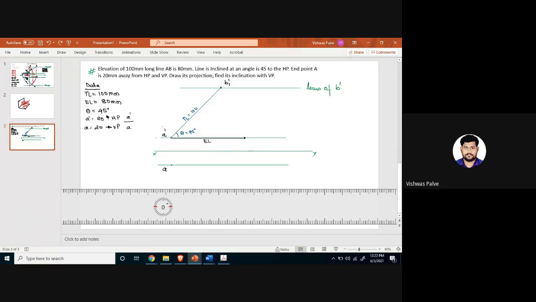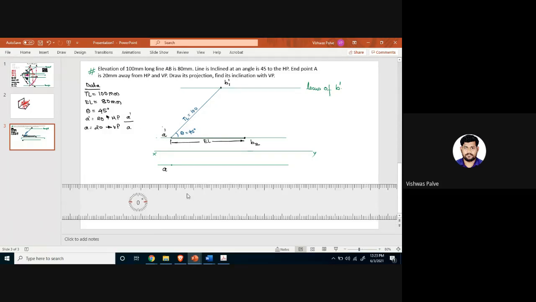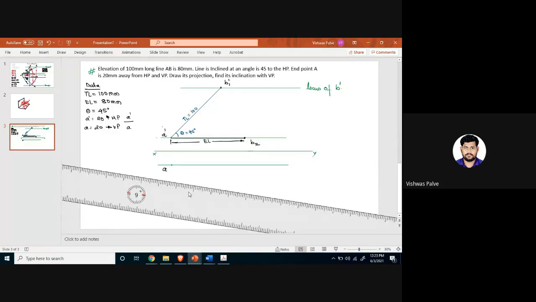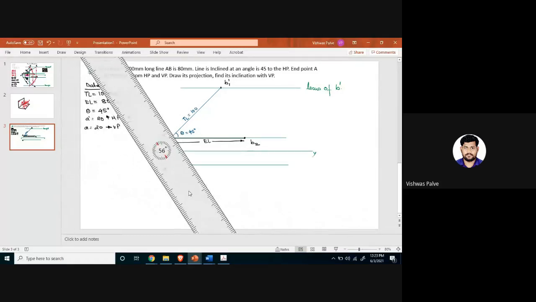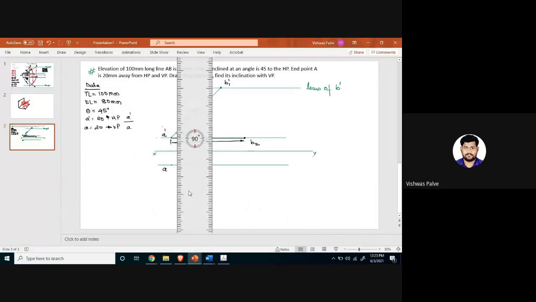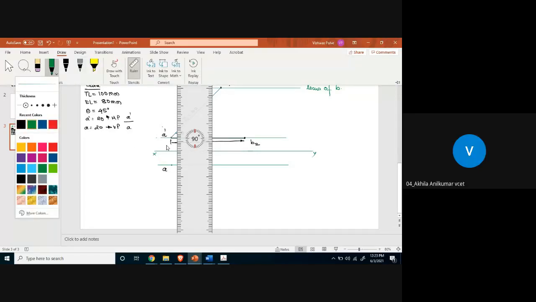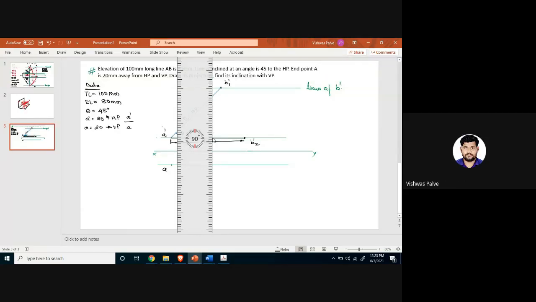A dash B2 dash. Yes, it is A dash B2 dash. So I have utilized all the data which was given in the question.